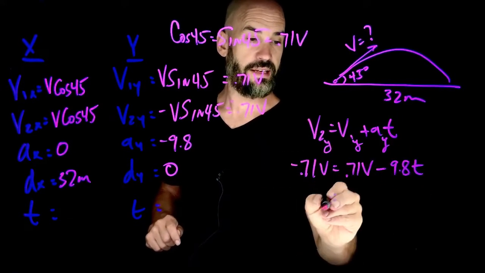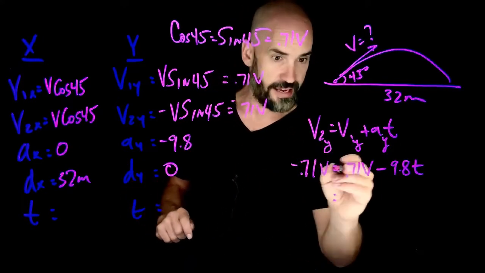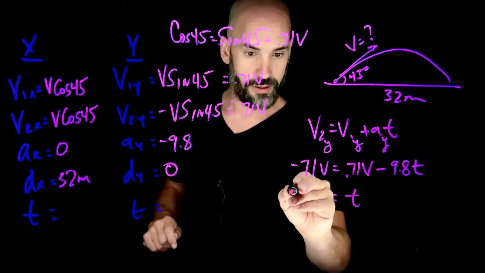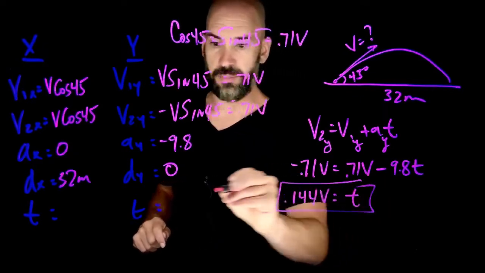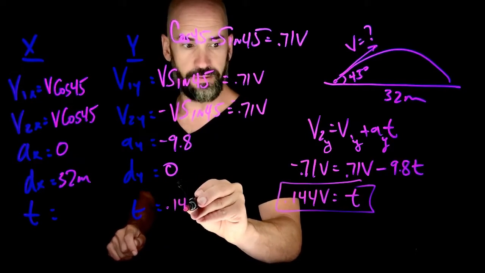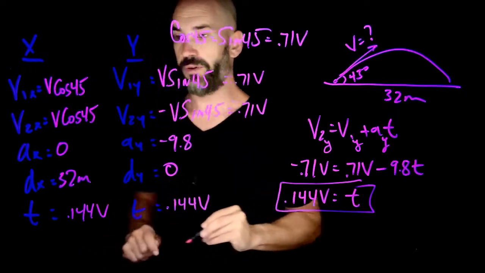And so if I put all this together, I get a t of 0.144 v, okay? Now I can put that in for both of these, 0.144 v here and 0.144 v over here, okay?